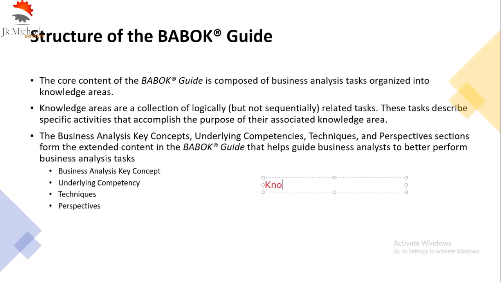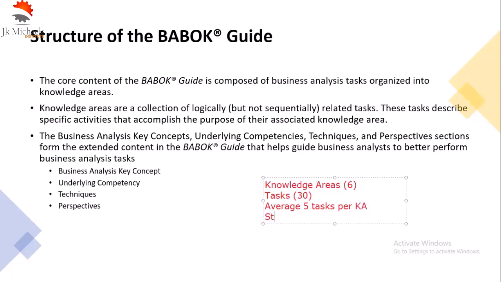We have 6 knowledge areas, and the tasks are 30. What it means is that we have an average of 5 tasks per knowledge area. But then again, it's not distributed as an even 5.